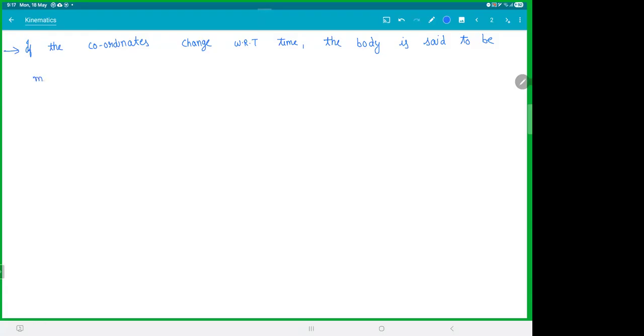It's pretty straightforward. If your coordinates are not changing with time, it's not moving. Coordinates are changing, it's moving. Then we will define a few things here. The position vector, you guys already know that, but I think we'll directly go to the distance.